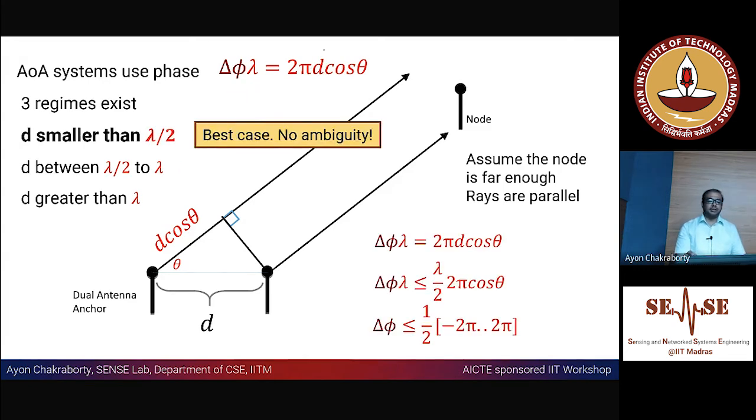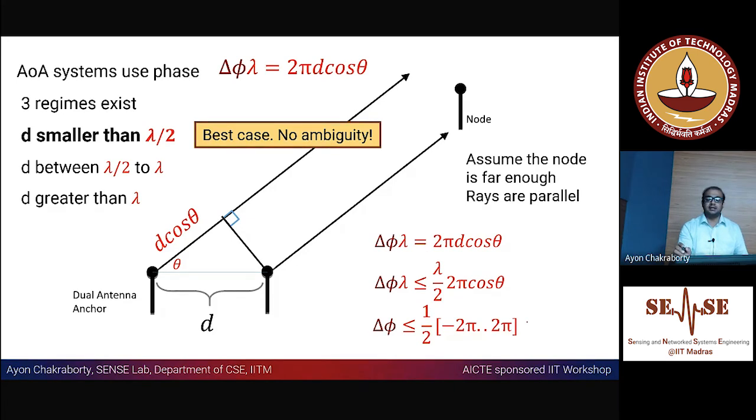If it is lesser than lambda by 2, let me write that equation here. Delta phi, with d less than or equal to lambda by 2, is lambda by 2 into 2 pi cos theta. So the phase difference is just going to be from minus pi to plus pi. There will be no ambiguity.